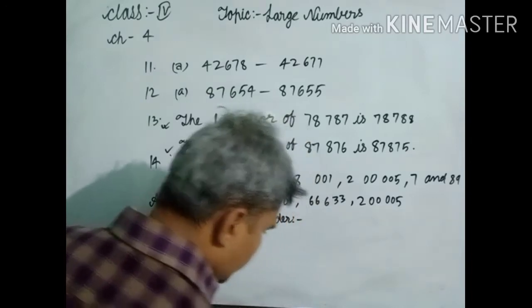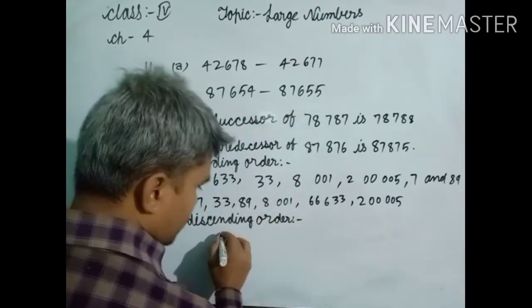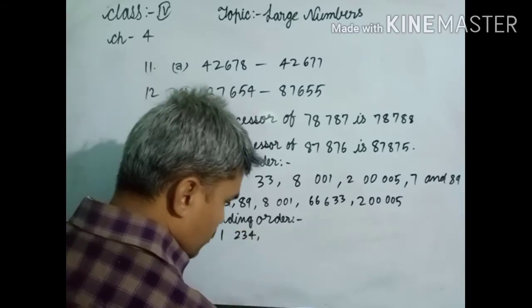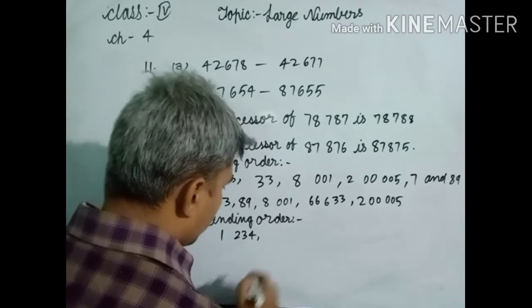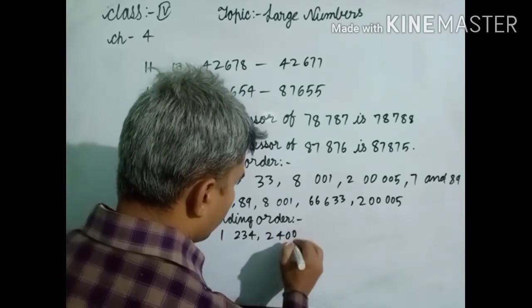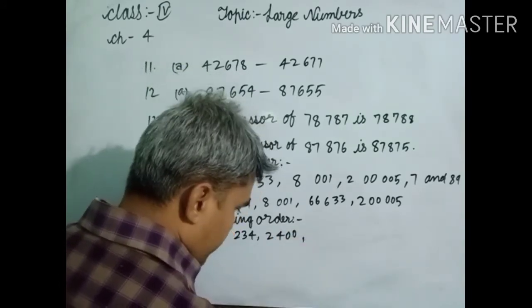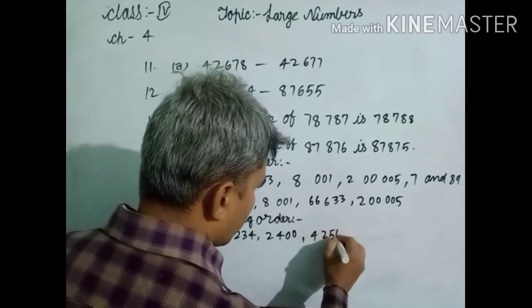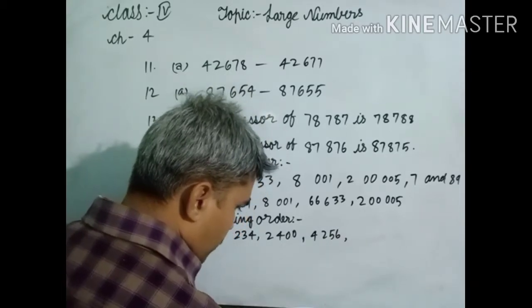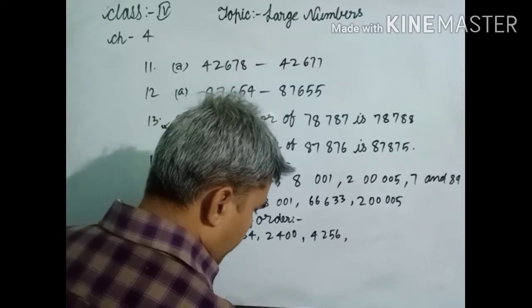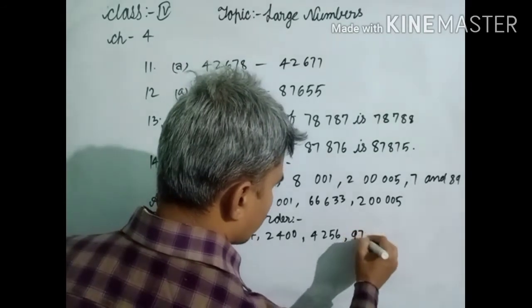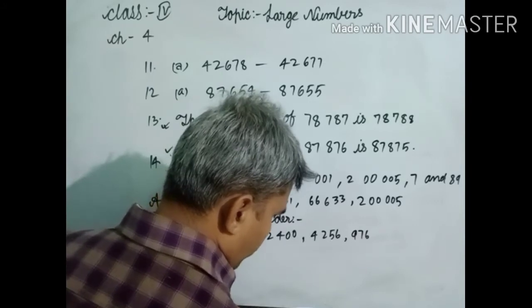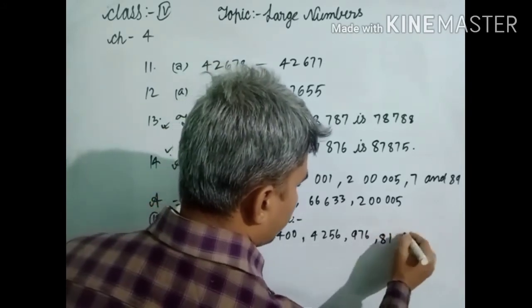So dear students, for descending order I have taken the examples 1,234, 2,400, 4,256, 976, 81 and 6.